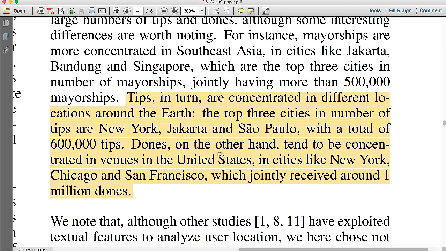Dons, on the other hand, tend to be concentrated in venues in the US, in cities like, of course, New York, Chicago, and San Francisco. In total, they have about 1 million dons. This shows that some popular cities have a lot of these tips and dons, New York being common in both.